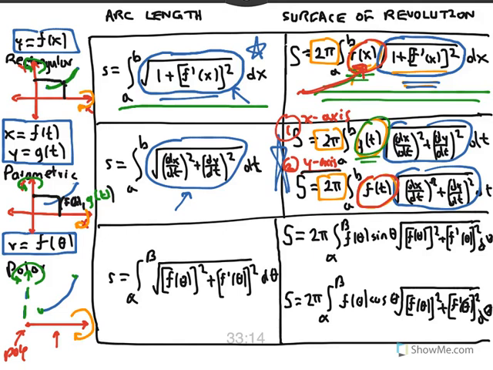And in the same way, we can take a look at what we have for finding the surface area of a surface of revolution in polar form.